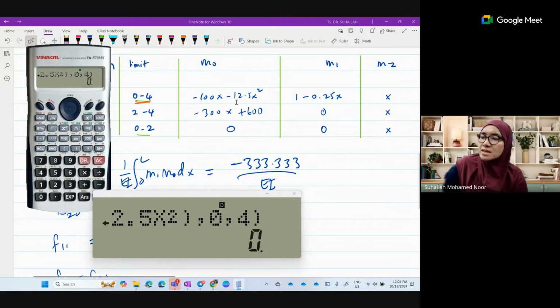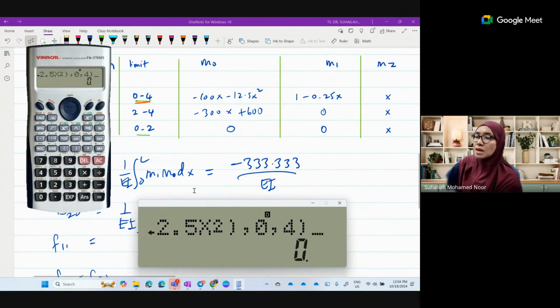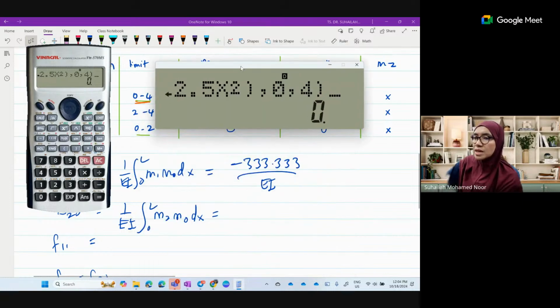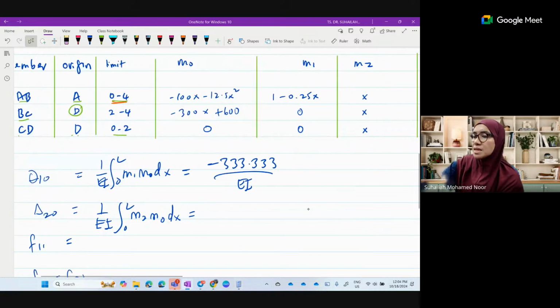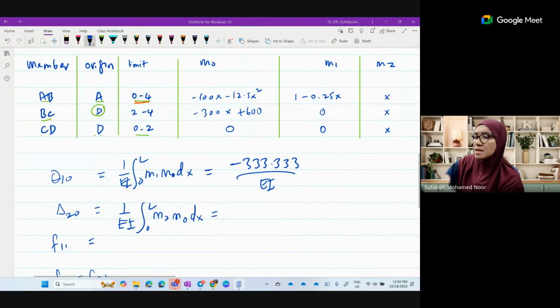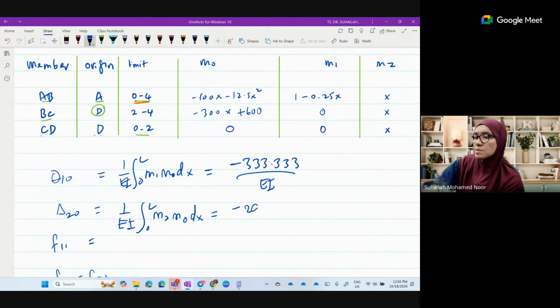Okay, kalau pakai kalkulator yang baru tu boleh terus continue je kan. Kalau confident tak tersalah tekan, boleh terus continue. Kalau takut nak continue, tulis dulu yang ni. The answer for this one is yang ni. Ini untuk AB lah. Apa nilai dia? Negatif 2933.333.